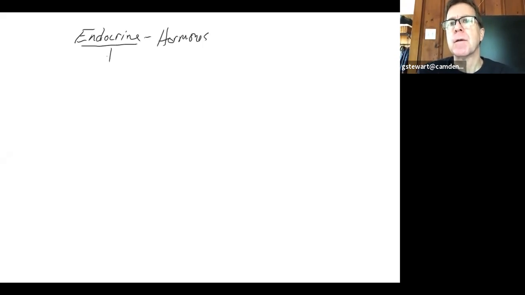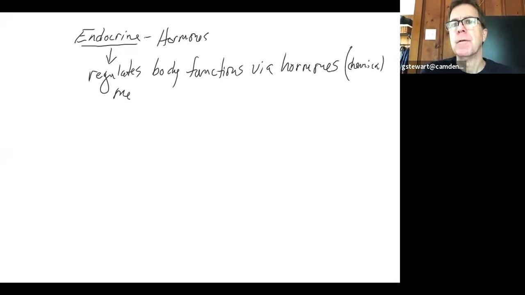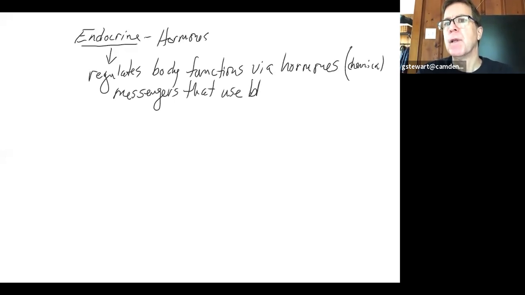So the endocrine system regulates body functions via hormones, which hormones are just chemical messengers that basically use the cardiovascular system, the bloodstream, to travel.